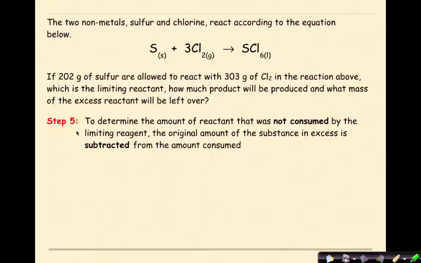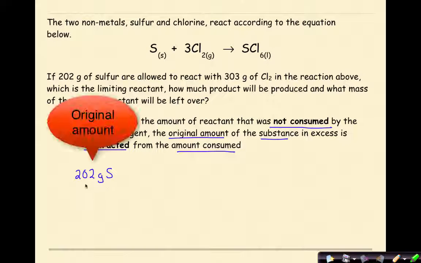So finally, step 5, to determine the amount of reactant that was not consumed by the limiting reagent, the amount consumed is subtracted from the original amount of the substance in excess. So if we go back to our original statement here, we know that we started with 202 grams of sulfur. This is our original amount.